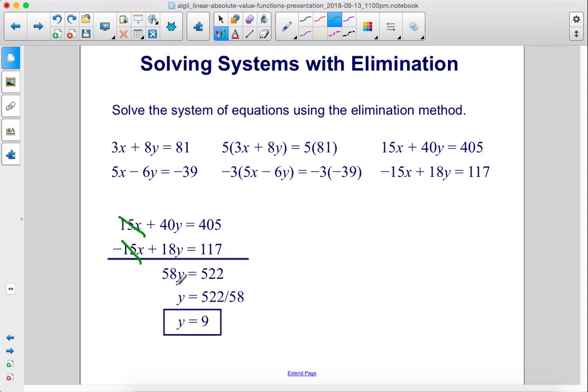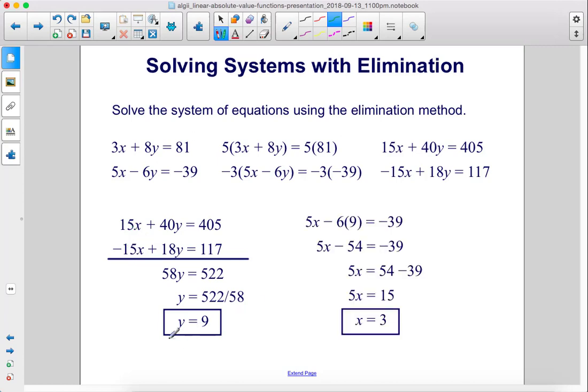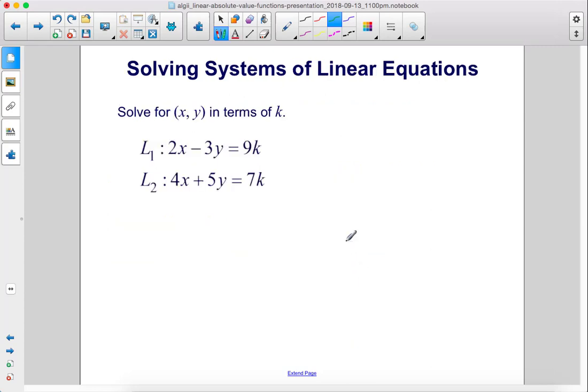Those add up to 58y. Those add up to 522. We divide both sides by 58, and we find that y equals 9. We know that y equals 9, so we can take one of the equations, write it out here, and plug 9 in for y, and solve for x. X equals 3.